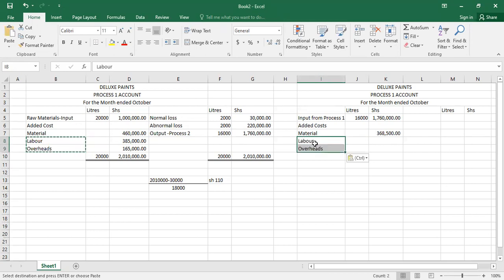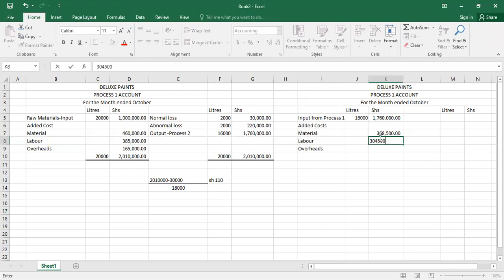Then we have labor, 304,500. Overheads, 211,200. So this totals to 16,000. And this totals to, we give some allowance.